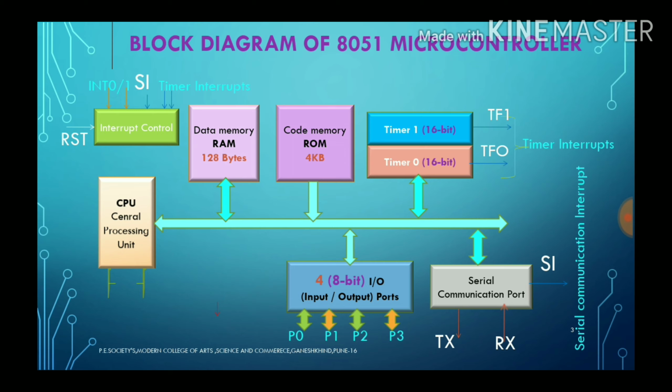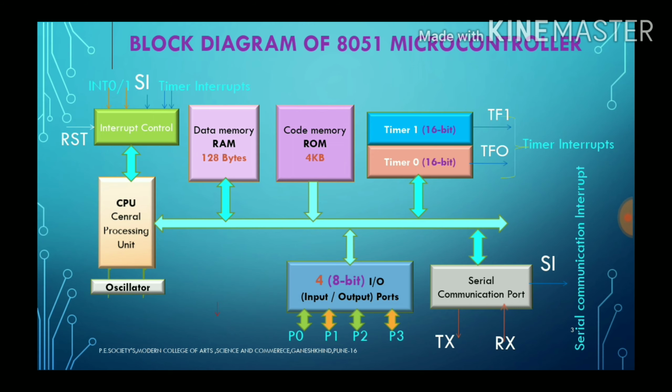All these interrupts should be processed, and for that they need to be communicated to the central processing unit, so the interrupt control unit is connected to the central processing unit via an internal bus. All these blocks need to be synchronized for their operation, as they have to work together.